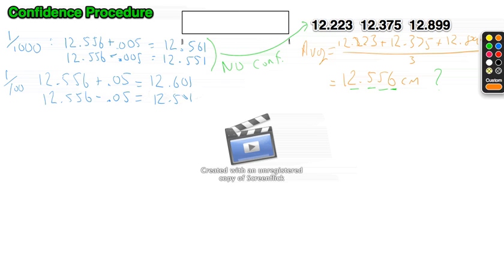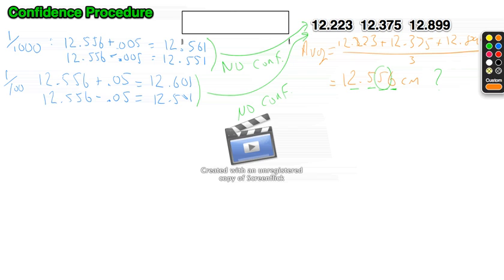Then again, we ask ourselves, are we confident that our next measurement would fall in that range? Well, when we look up here, we can see that the first measurement did not fall within that range. We ask ourselves all three. The second measurement did not fall in that range, and neither did the third. So no, we're not confident at the hundredth place. In other words, this place value is not warranted being recorded.